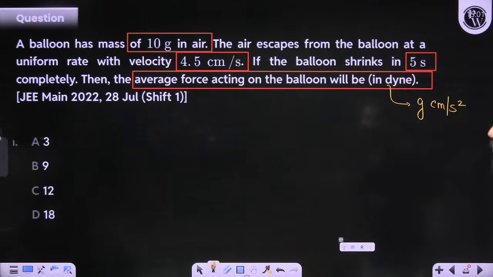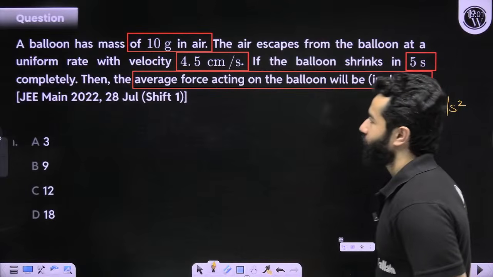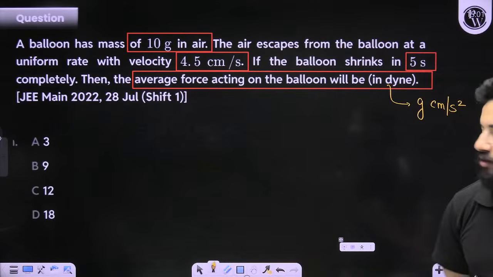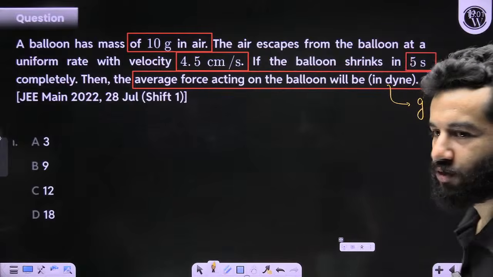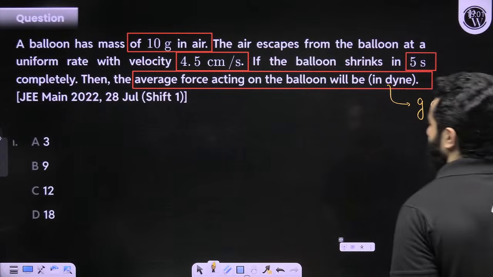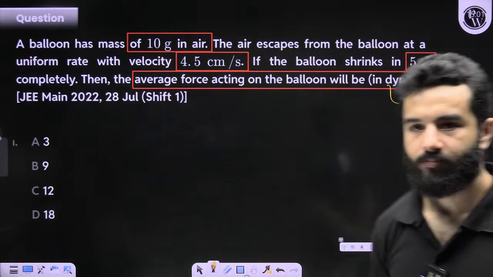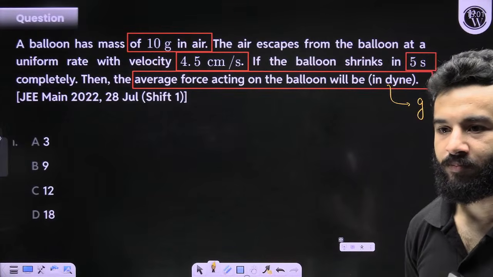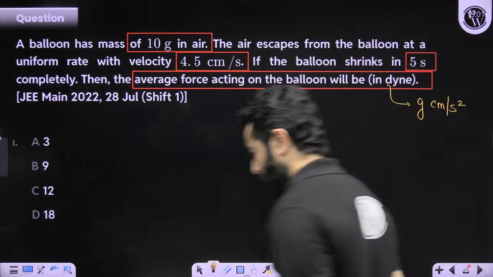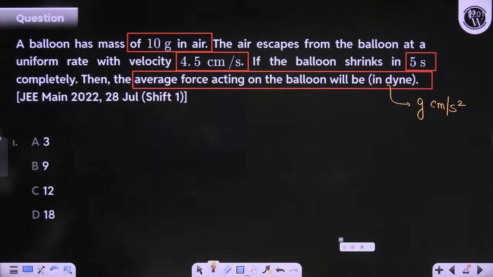You have got a balloon of mass 10 gram. You have to find out the average force. Come on. Be quick, then we are going to move on to the next one.